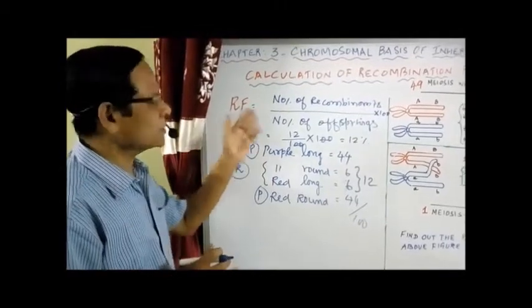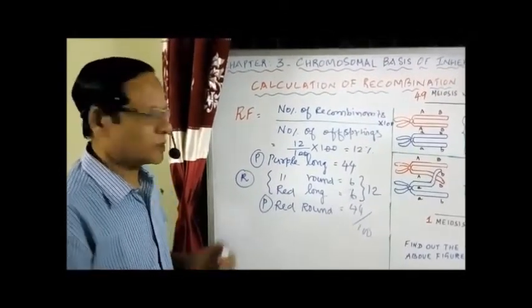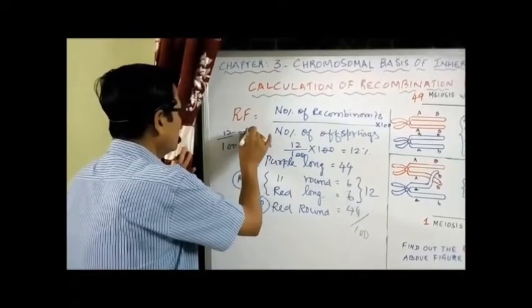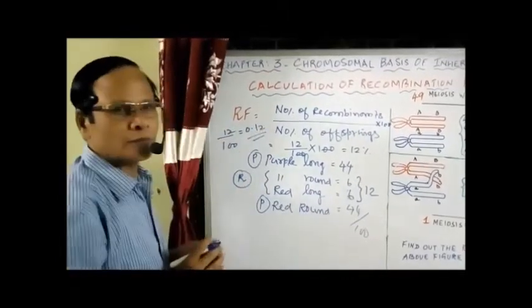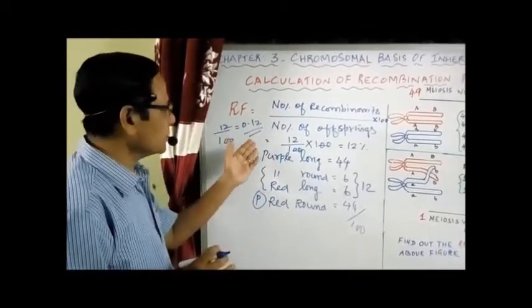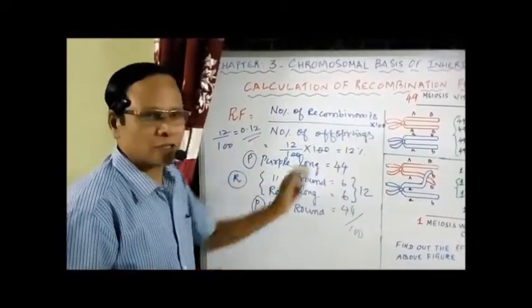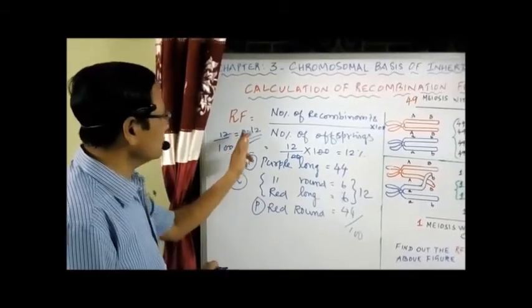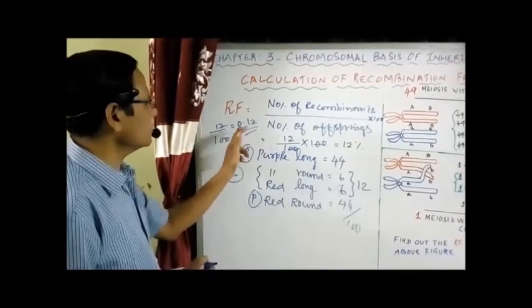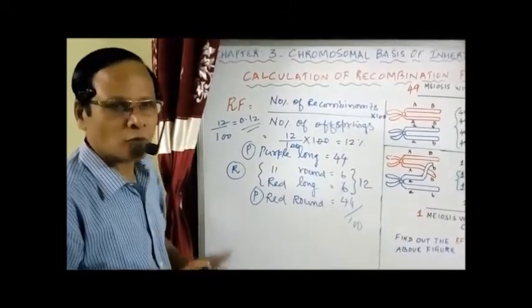If you want to represent the same in terms of frequency, out of 100, 12, so 0.12. This is also called recombination frequency. So either we represent the percentage of recombination, or in the form of recombination frequency, which is 0.12.